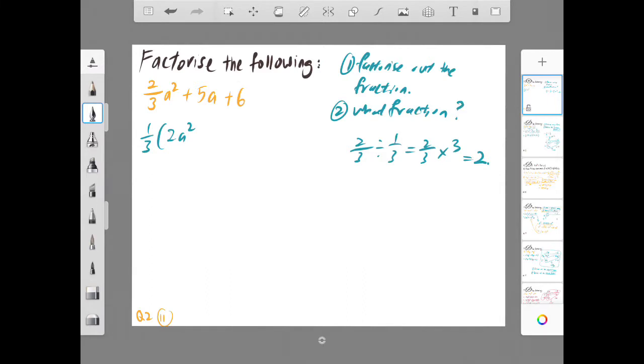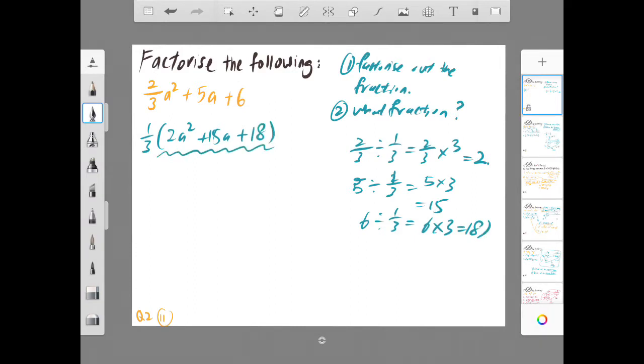And what about the 5a? 5 divided by 1/3 is 5 times 3, which equals 15. So we will have 15a. And what about 6? 6 divided by 1/3 is 6 times 3, which is 18. So plus 18. In this case, we have nice values for all the coefficients right here.